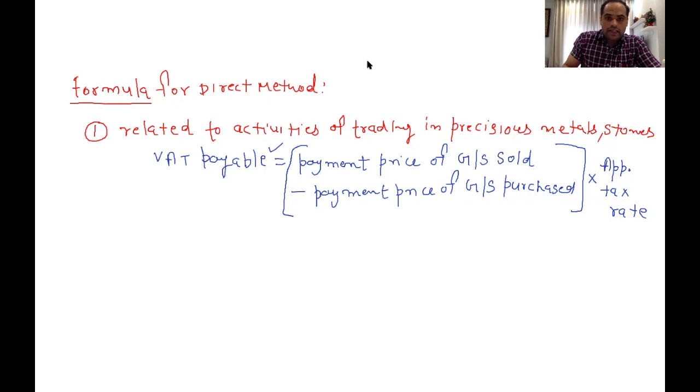Now, the second formula, which also comes under the direct method, is for foreign businesses.